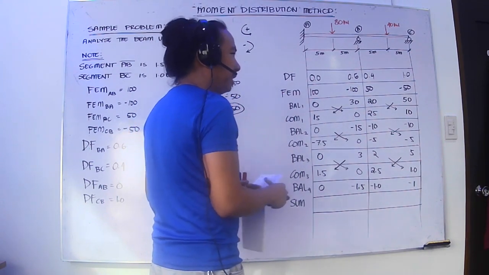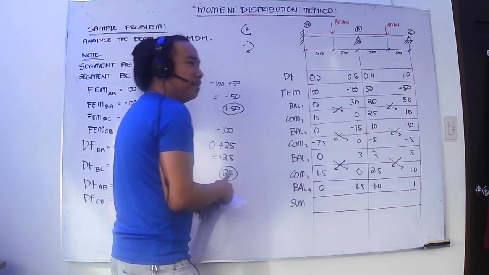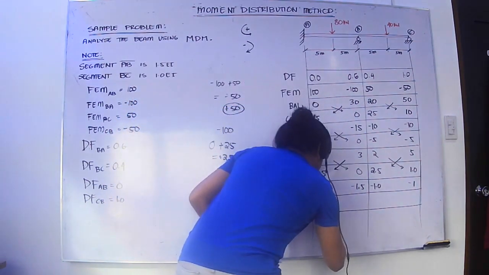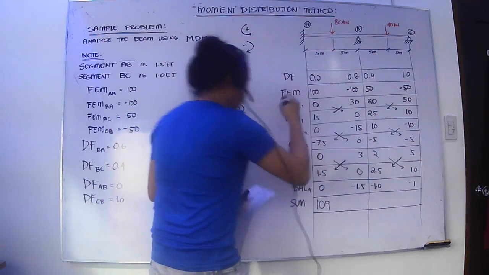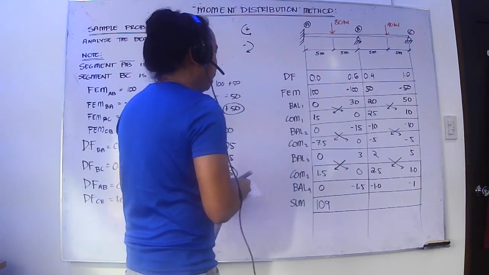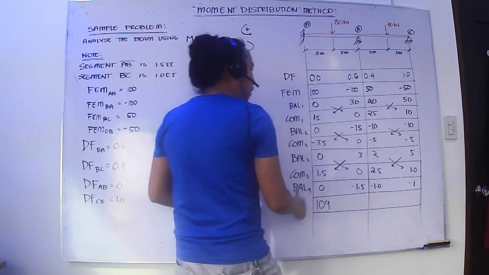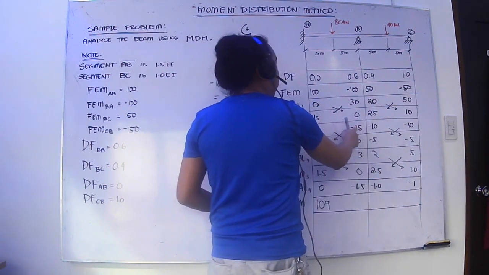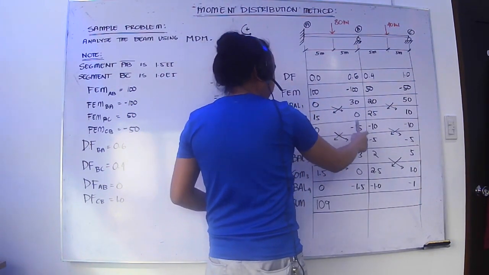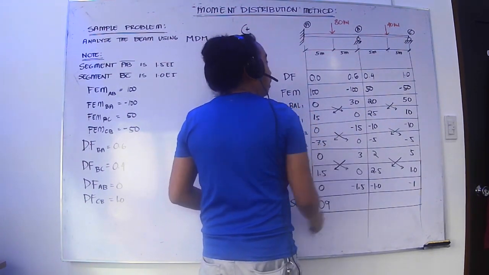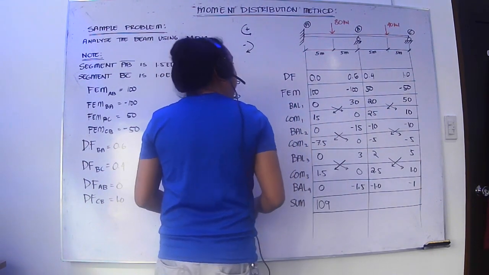So 107.5 plus 1.5 is equal to 109. This is our fixed end moment here. Negative 100 plus 30, that is 70. Minus 15 equal to 55. Plus 3, 58.